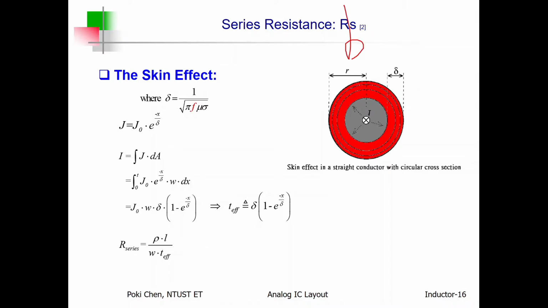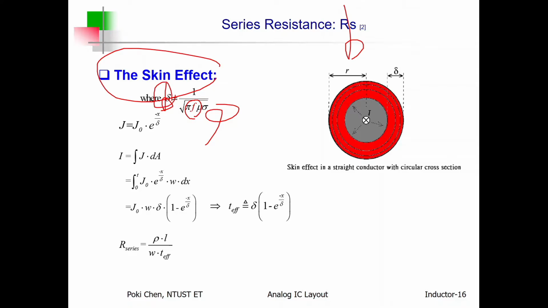And the most important one is the so-called skin effect. And as I mentioned again and again, the higher frequency, the smaller thickness, right? So the more impact for such kind of skin effect. That's it. That is the skin depth.